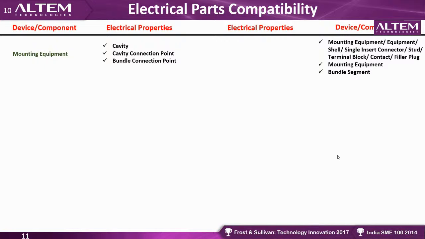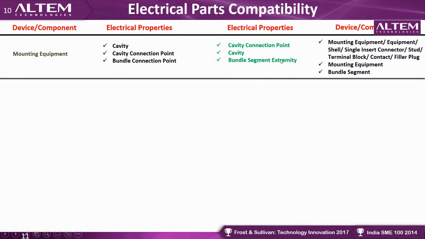And in order to define the mating parts, they should have one or more of the following properties. So as you can see, wherever there is a cavity, the mating part should have a cavity connection point. If a parent component has a cavity connection point, then the mating part should have a cavity. So if it is having a bundle connection point, then the mating part should have a bundle segment extremity.